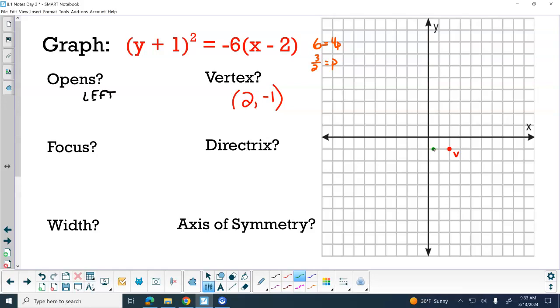Yeah, yeah. Because the direction then tells us the direction. Right? So there's 1.5. That's my focus right there. So that would be at the point then 1/2, comma, -1.